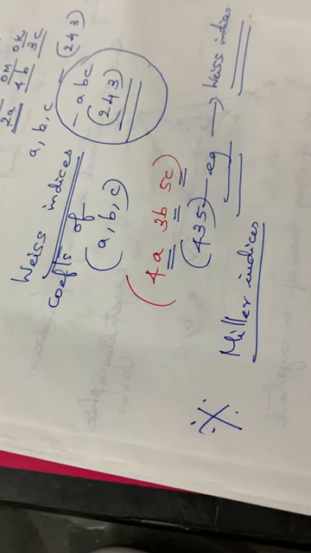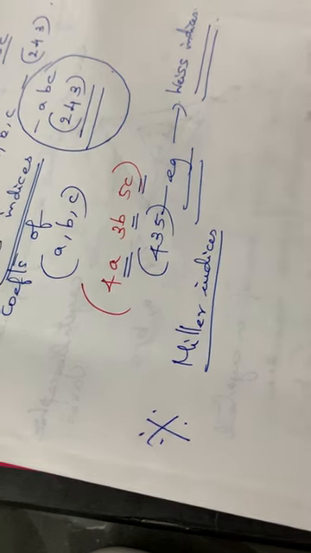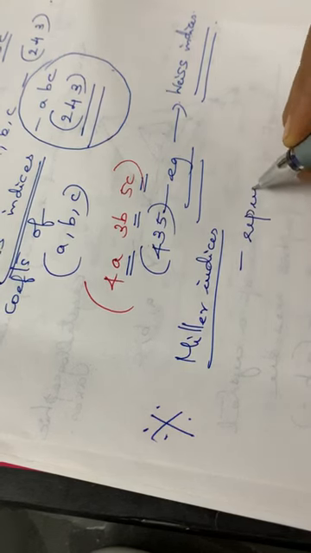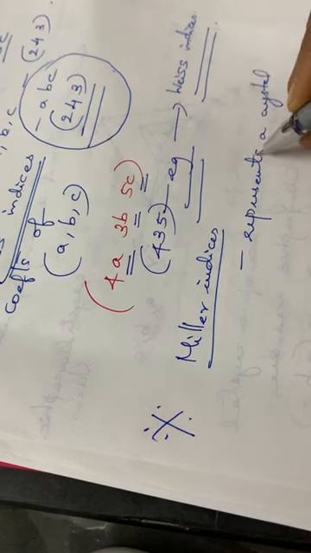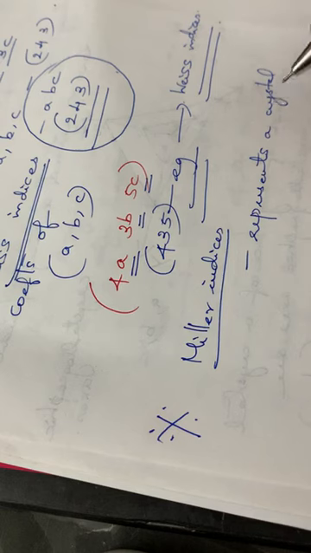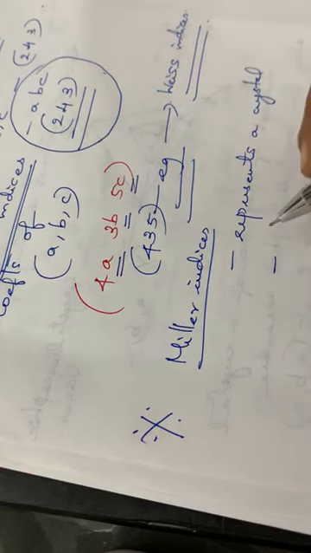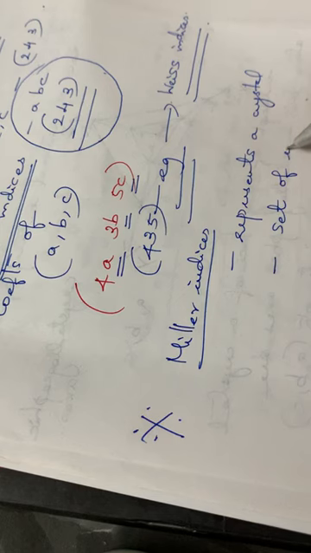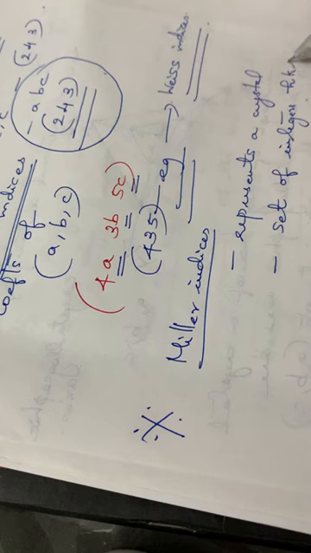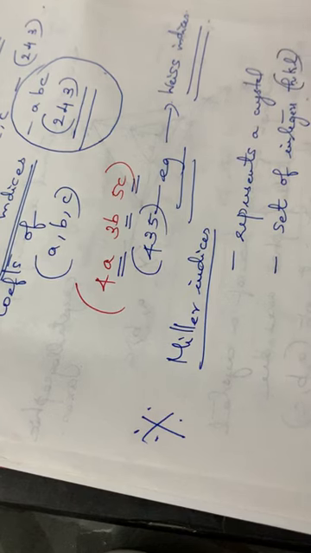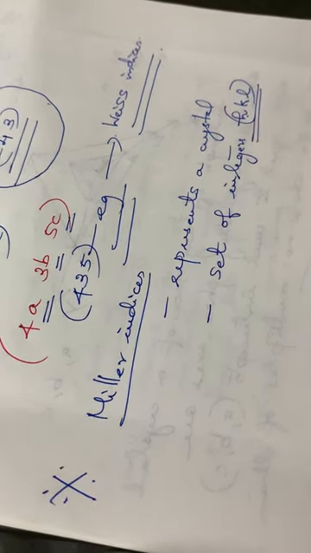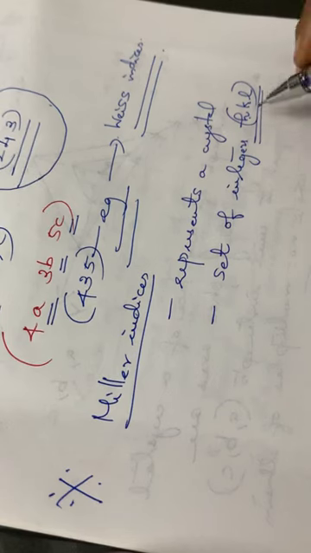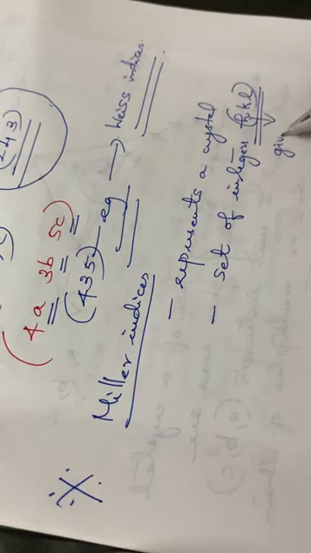It is used for representing a crystal. With the help of Miller indices, we can represent a crystal. Miller indices have a set of integers, and we denote the integers by the letters H, K and L. So Miller indices are represented by a set of integers H, K, L and are used to describe a given plane in a crystal.